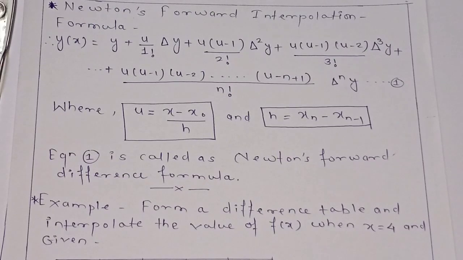In this, u is equal to x minus x0 divided by h. If we want to calculate the value of u, then we should be aware of h. h is equal to xn minus xn minus 1, that is, the difference between two intervals. Equation 1 is called the Newton forward difference formula.